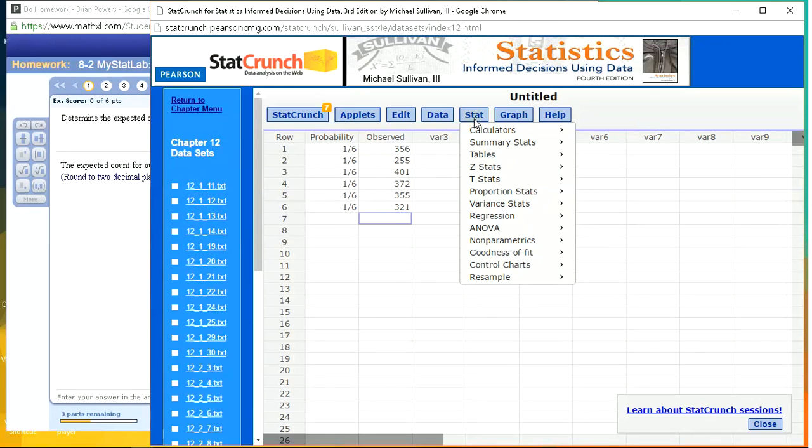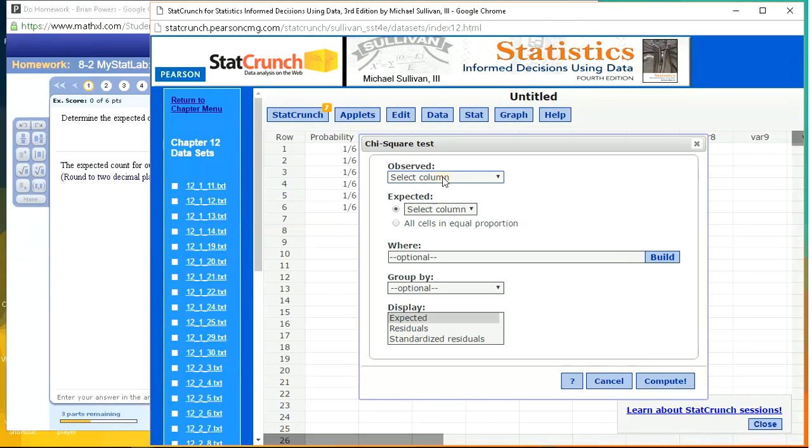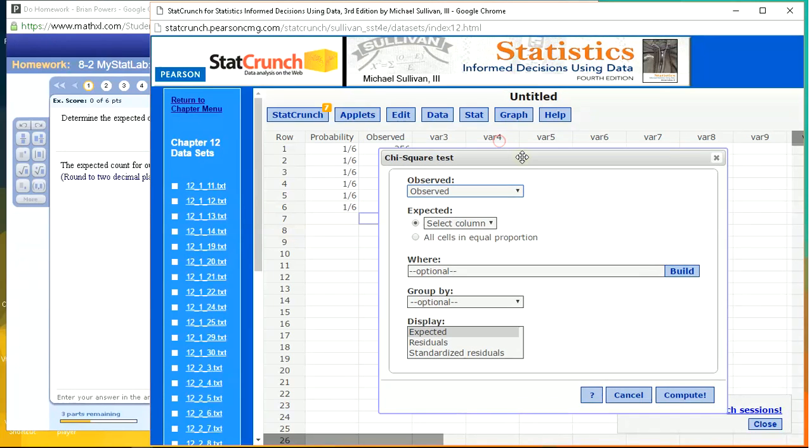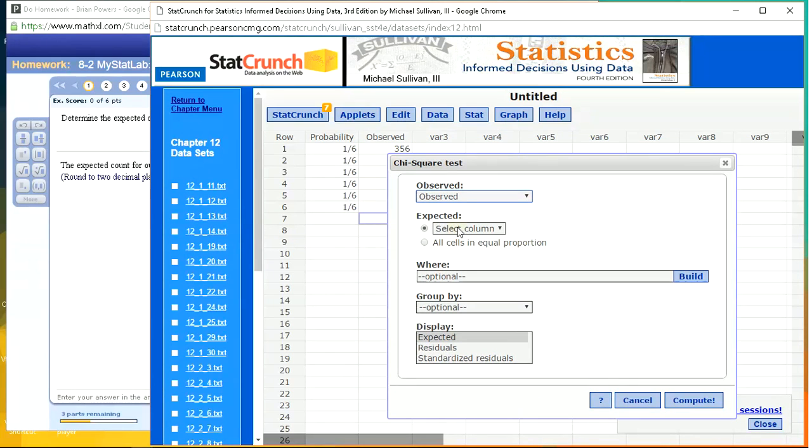Under the Stat menu, you go under goodness of fit and you click on the chi-square test. You give it the observed. I'm choosing the column I named observed. And the expected column is in, you know what? It doesn't like the probabilities that I typed in.